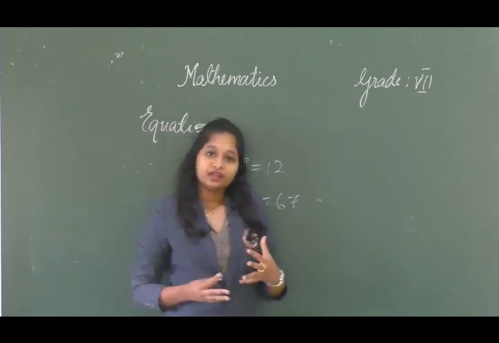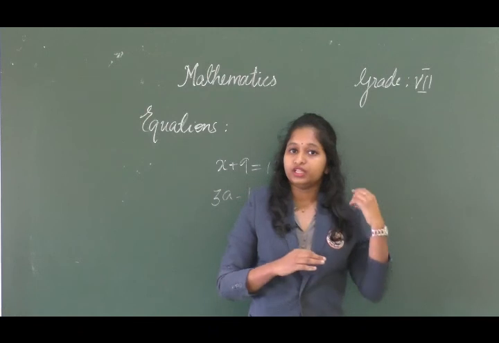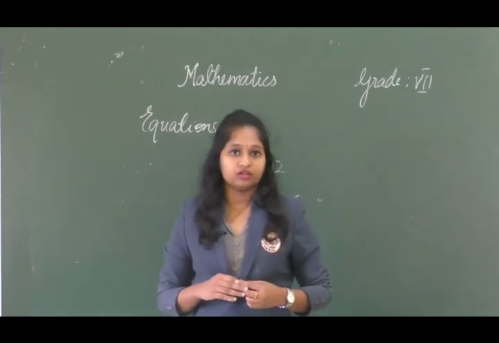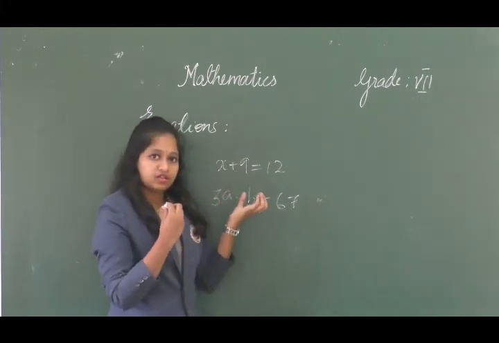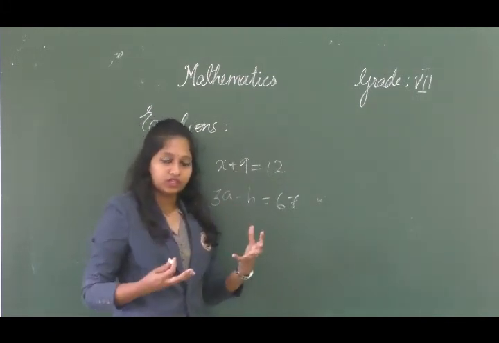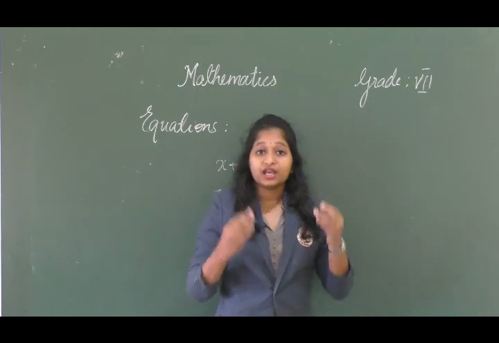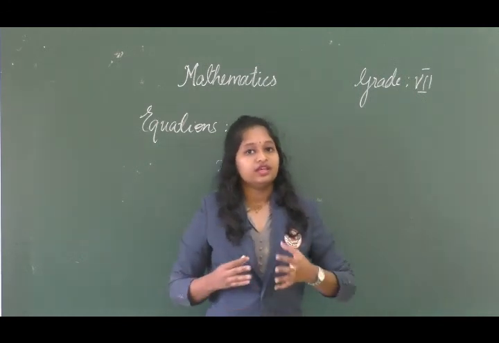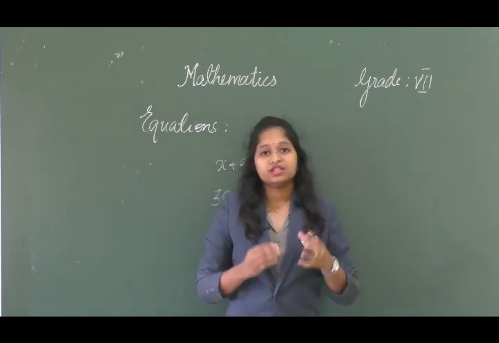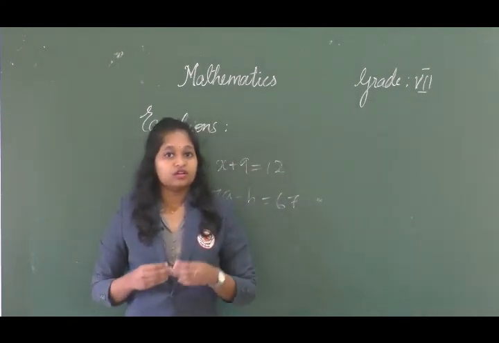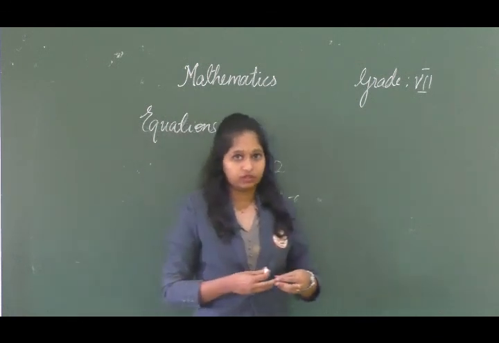Okay? And if the equation consists of only one variable, that means if it has only one x or maybe a or b, then those types of equations are called simple linear equations or equations with one variable.